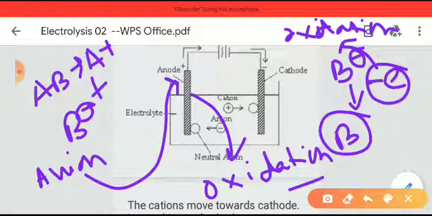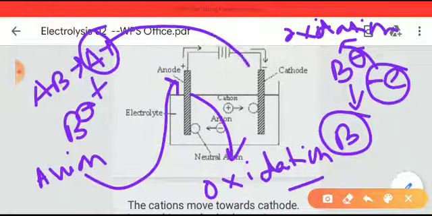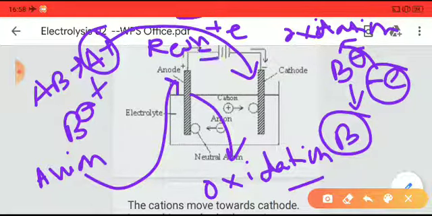Whereas the cation, that is A plus, will go to the cathode, and by accepting an electron, it will do a reduction, and by doing a reduction it will get neutralized. So the anion is going to the anode and doing oxidation, and the cation is going to the cathode and doing reduction.